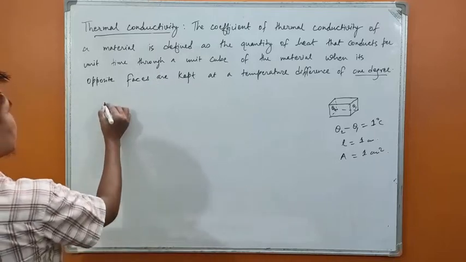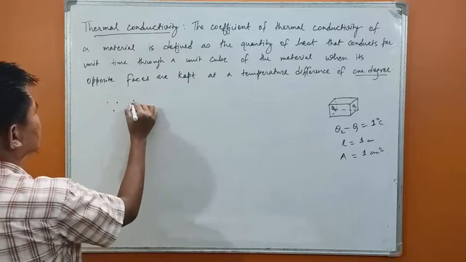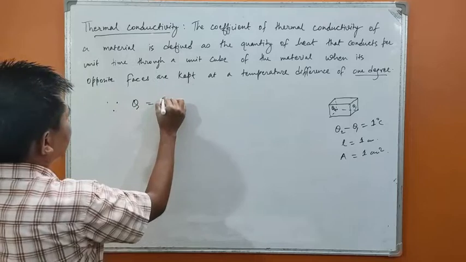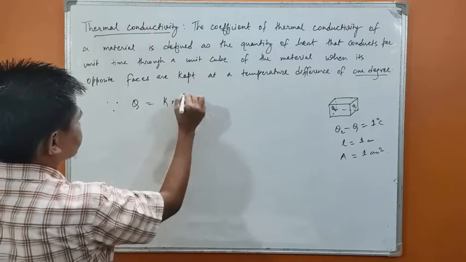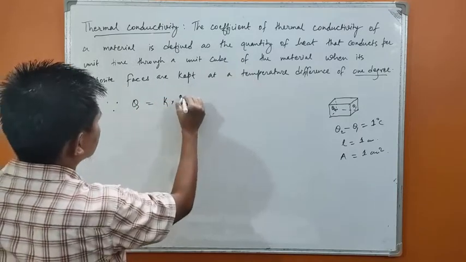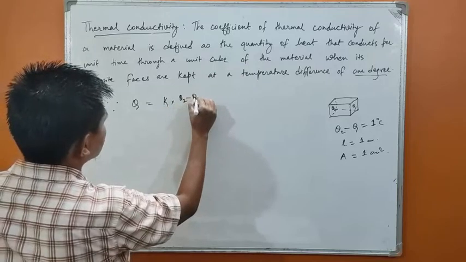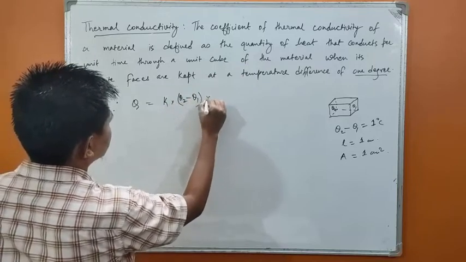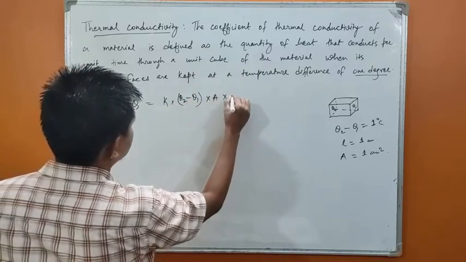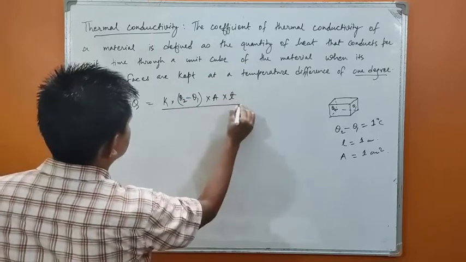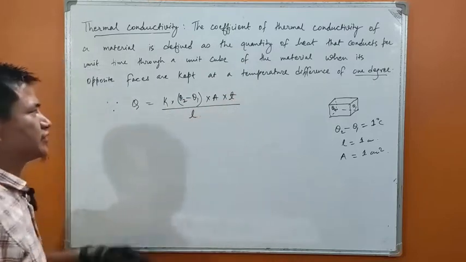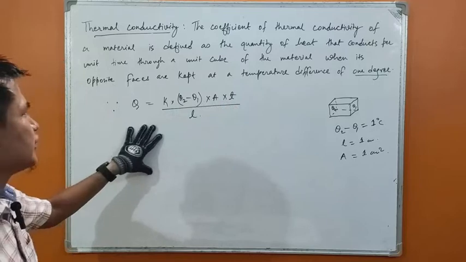Now we have already seen Q equal to K into theta 2 minus theta 1 into area of cross section into time of flow of heat, divided by length of the conductor. This was the relation we have already deduced.